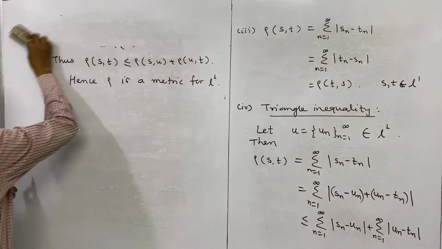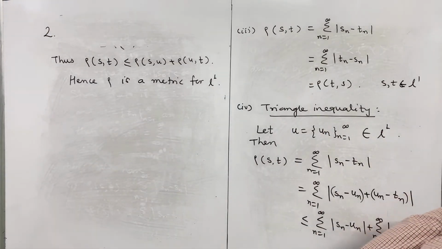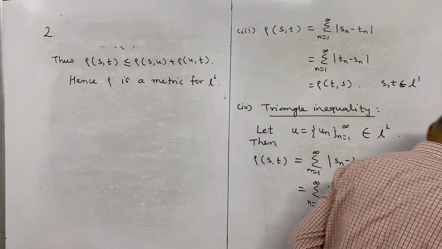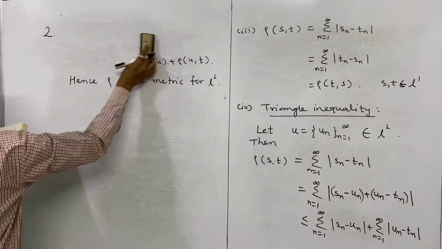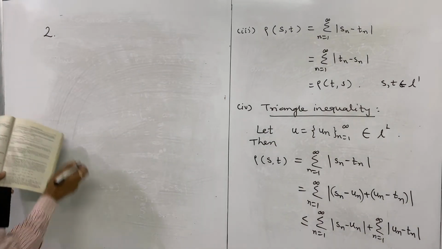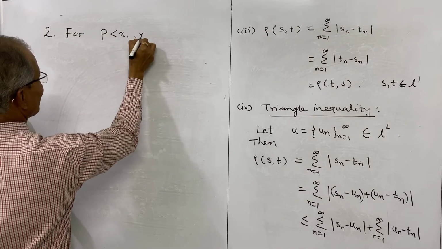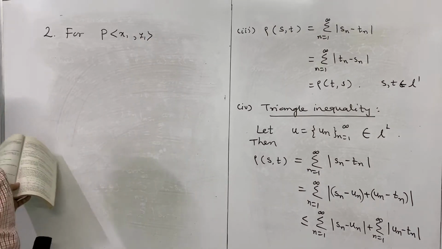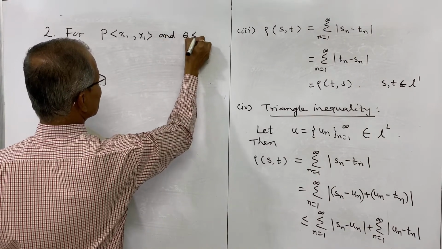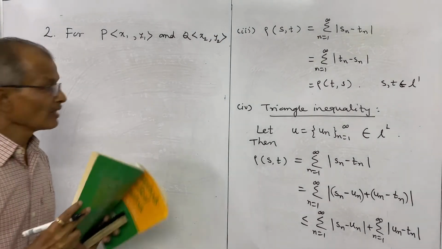Now we will have one more example, as a second problem from the exercise. The problem is: for P (x1, y1) and Q (x2, y2), these are two points, obviously points in R2.